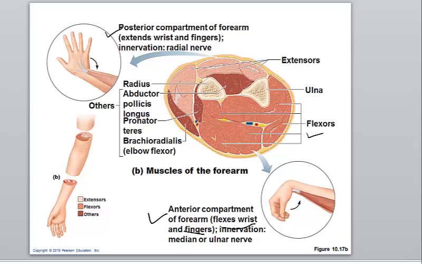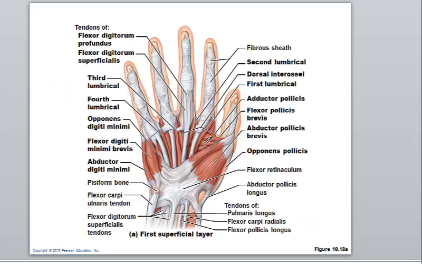That is basically what I want you to know in your forearm muscle group. In this course, I'm not going to go into detail about all the muscles that are found in our hand. That'll be too much detail for a 200 level course. So I'm going to skip all the muscles that are found in your hand.